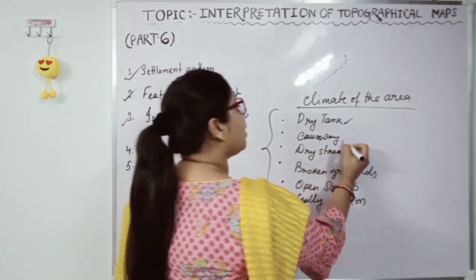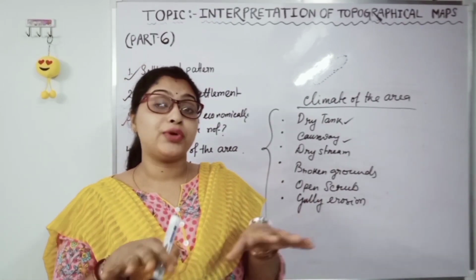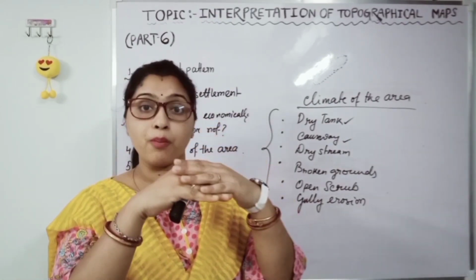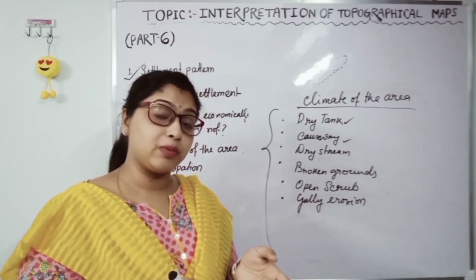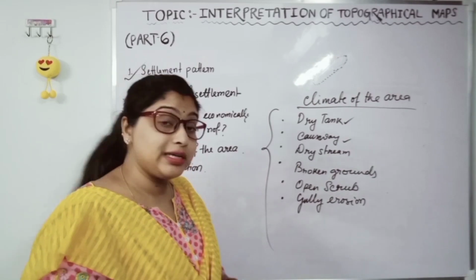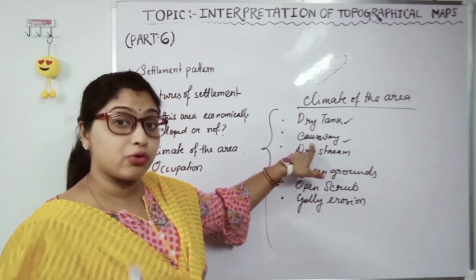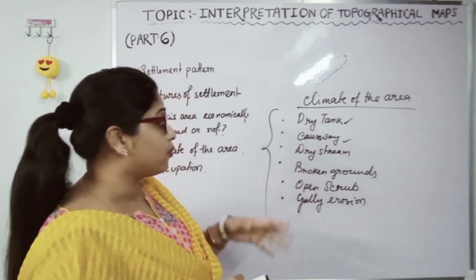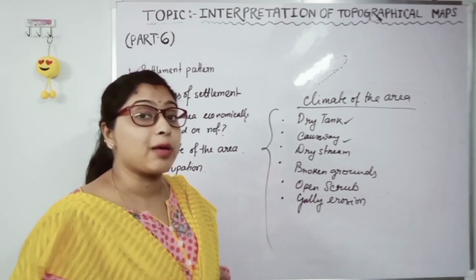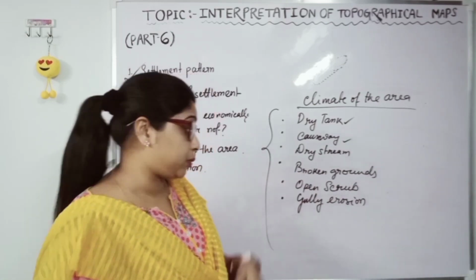Next, causeway: we will see in the map that this is a raised platform over a dry stream. Everywhere in the map near a dry stream, causeway will be written. This causeway is a motorable road in the dry season when people can move through it, but in the rainy season people can't move through that road.